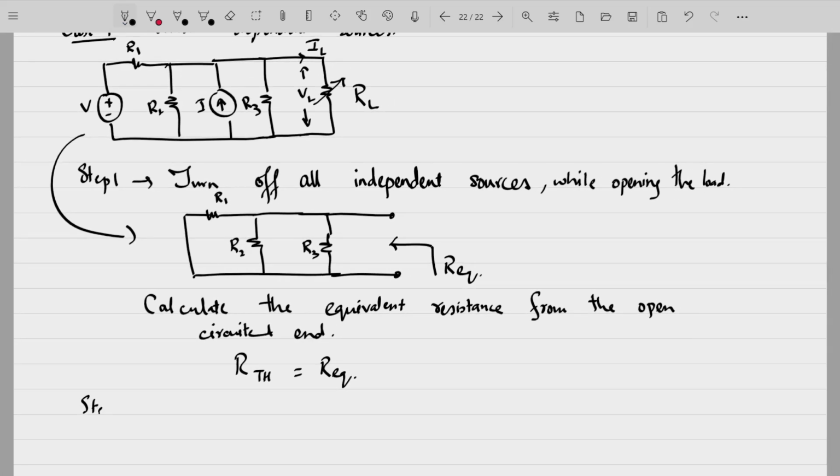For that, step 2 is to open the load with all independent sources intact.